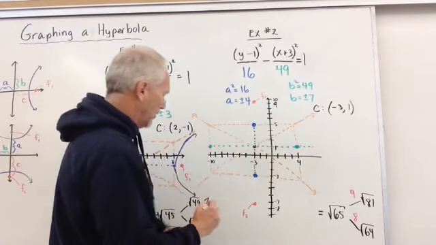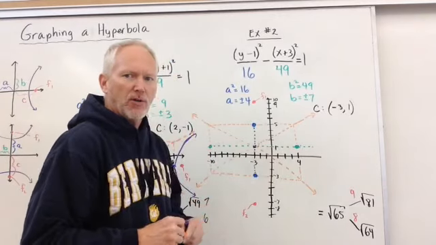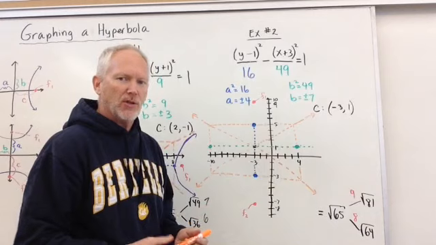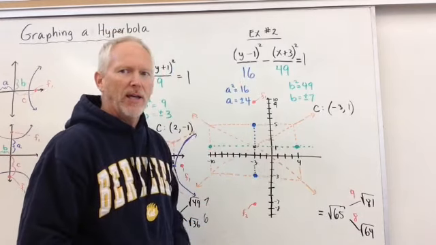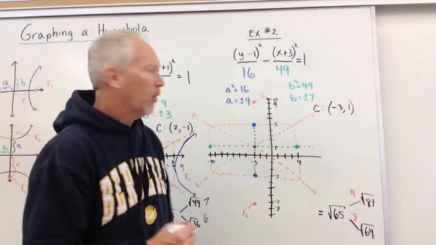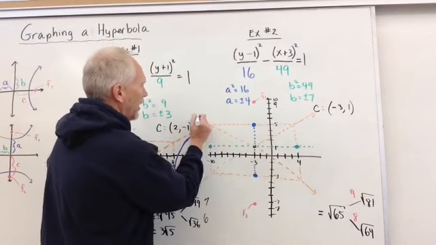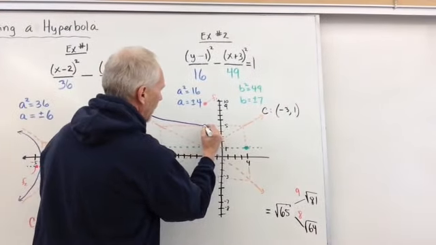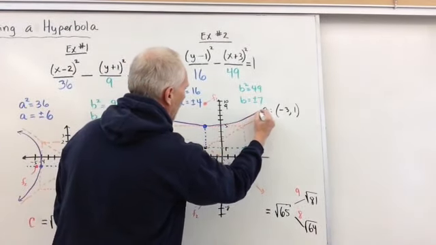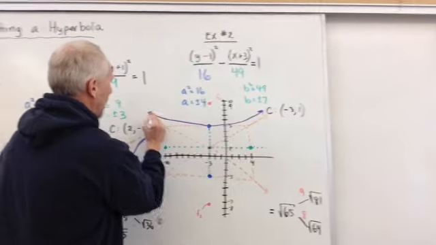They go out for a ways. And we ask ourselves, where do we draw the branches? Well, the branches, again, are determined by who's out front. The y category is out front, so we are going to graph them in the y category. So I will hug along here, take hold of my vertex, come out, and I will be out wide like that.